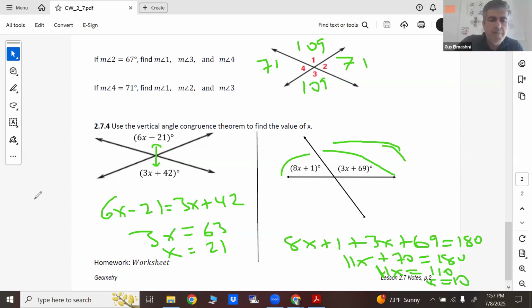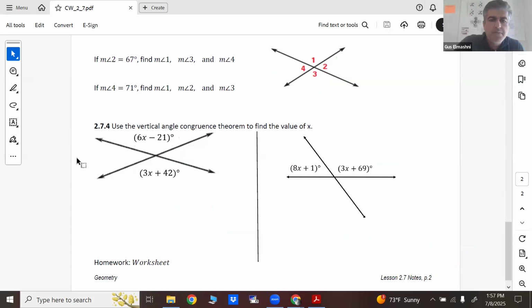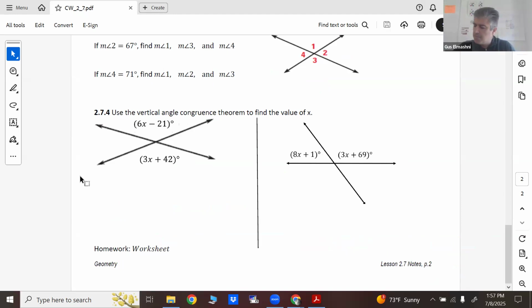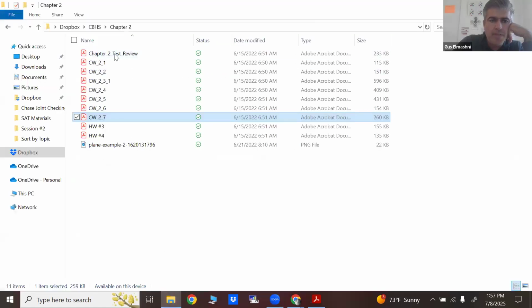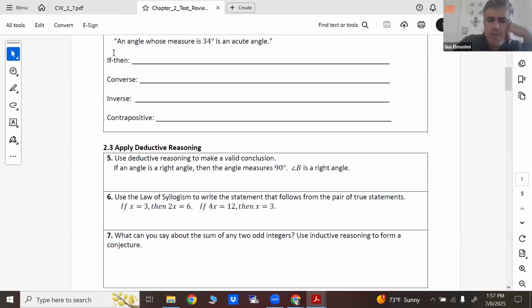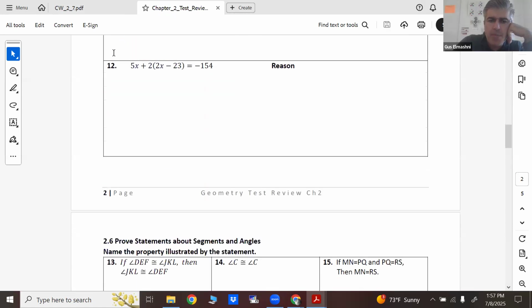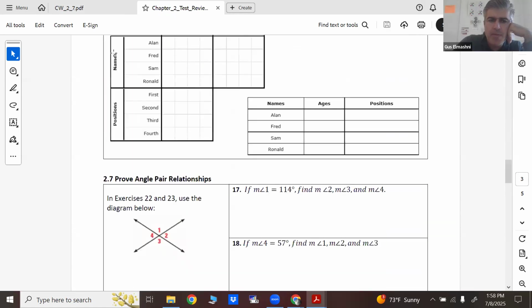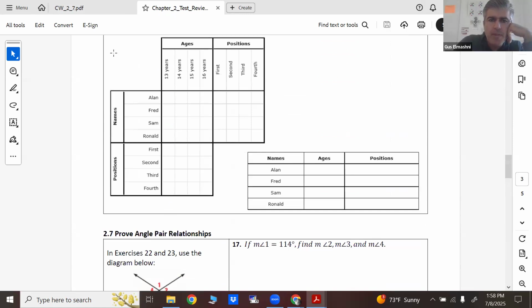Right. So, okay. That kind of covers a good chunk of this. So we could definitely cover all this chapter two stuff. So I'll give you this for sure.